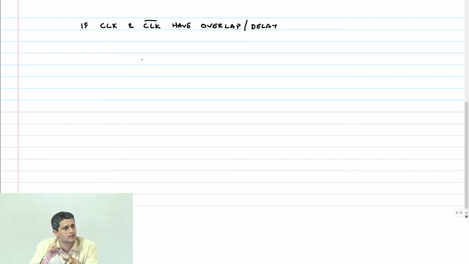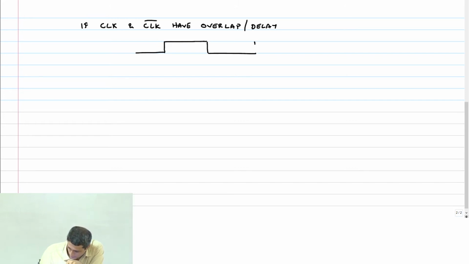Instantaneous rise, instantaneous fall, that we are not removing for now. This is my clock. Clock bar should have ideally been like this.